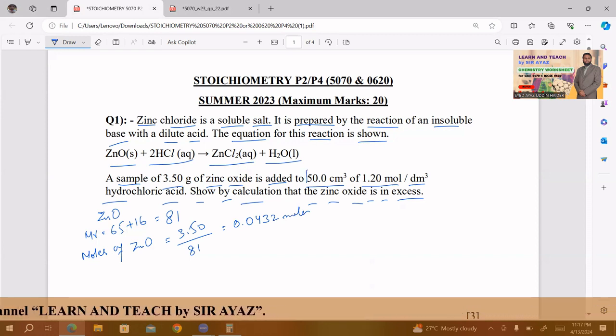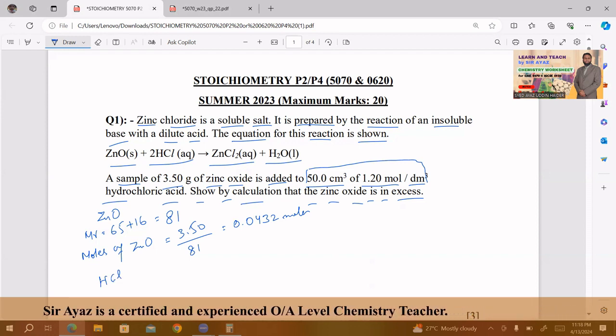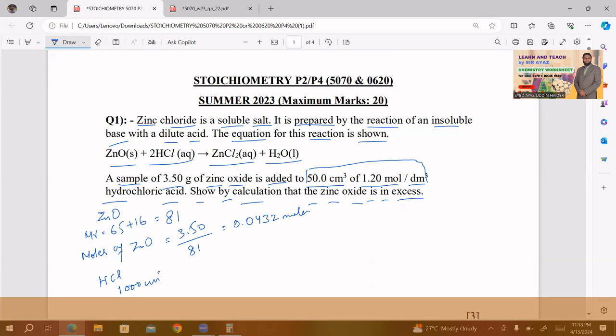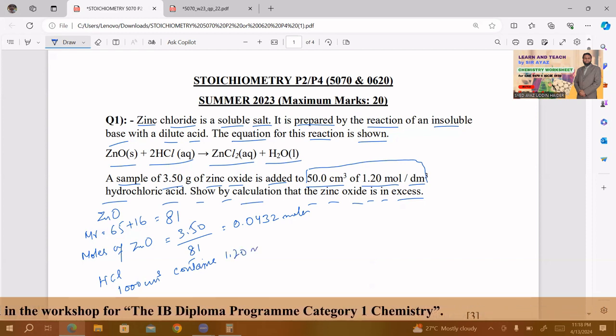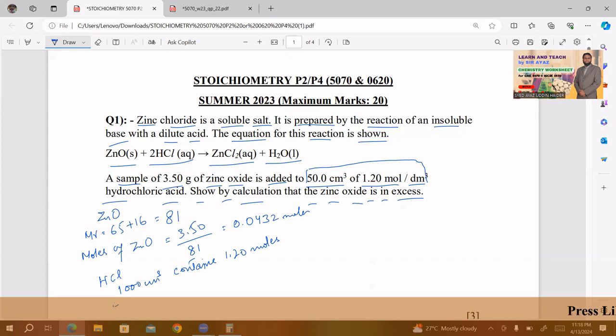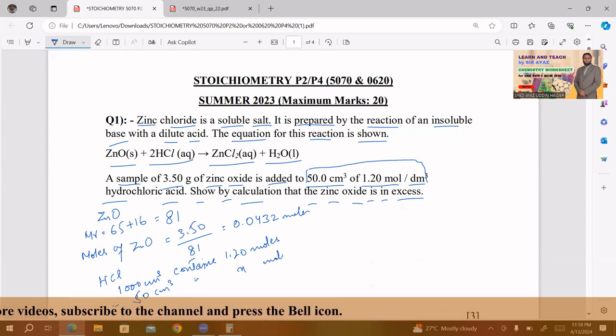What about HCl? We have 50 centimeter cube of HCl and the strength is 1.20 mole per dm cube. So for HCl, you can write 1000 centimeter cube contains 1.20 moles. Therefore, 50 centimeter cube contains X moles.